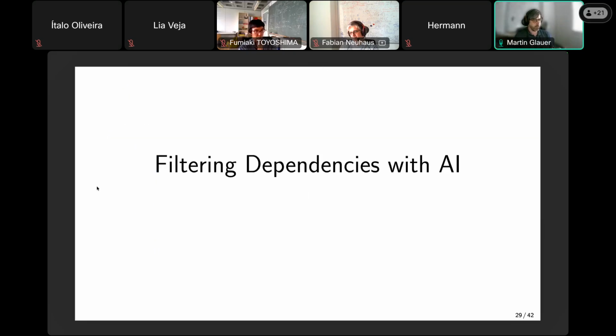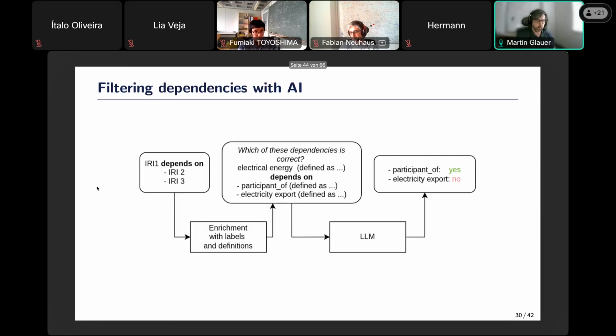And as one does nowadays, our first approach was to use AI. And next slide. This approach works thusly. We have our dependencies as IRIs on the left-hand side, and we enrich them with labels and definitions from our ontology. And we package this into a prompt that we then feed to our LLM. The prompt asks the LLM to check whether for a given class, the following dependencies are correct.